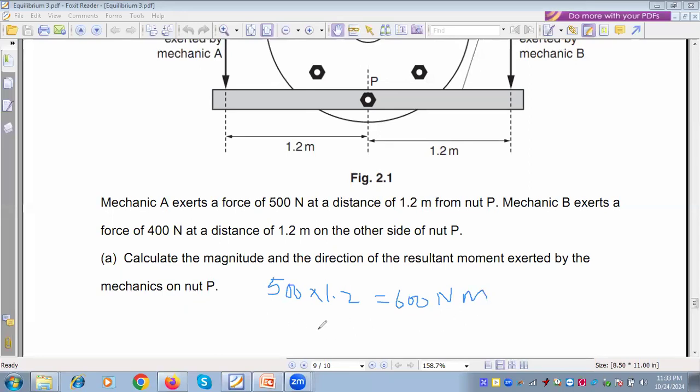And what about mechanic B? 400 into 1.2, 480 Newton meter.